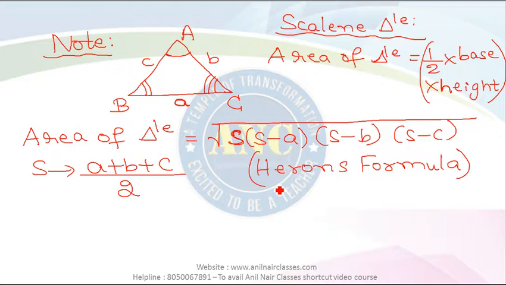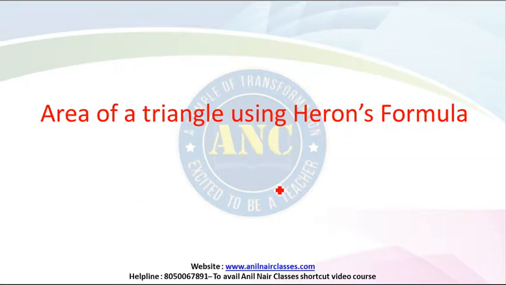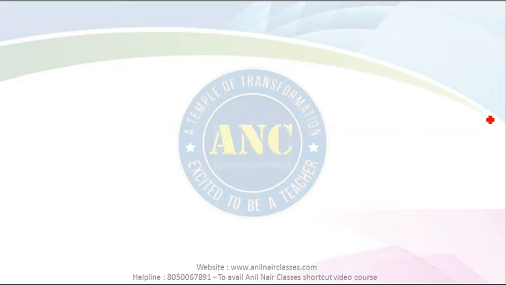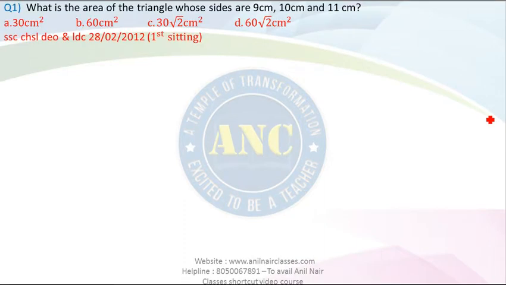Let us solve some questions to find the area of a triangle using this Heron's formula. That is my next heading. Area of a triangle using Heron's formula, and we already know what that Heron's formula is. Now see here, sir. Let us start with some basic questions. Slowly we will take a good number of questions which are asked in exams.